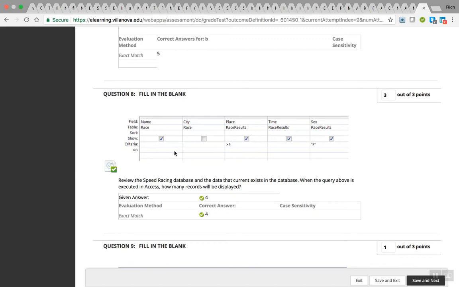But what we're looking for in criteria is that the place has to be greater than 4, and women in race results of female. So all females who finish greater than 4 in the race results table.